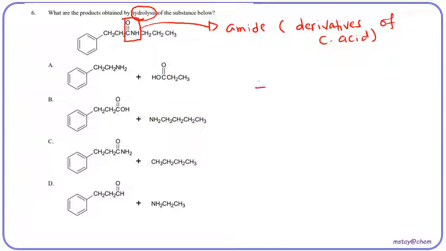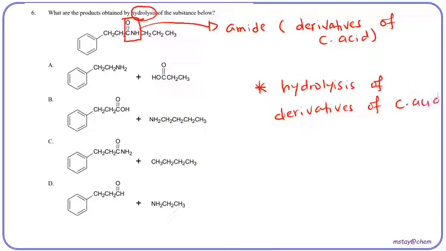Do keep in mind that if we carry out hydrolysis of a derivative of carboxylic acid, it means that we will get back the carboxylic acid and the other substance.